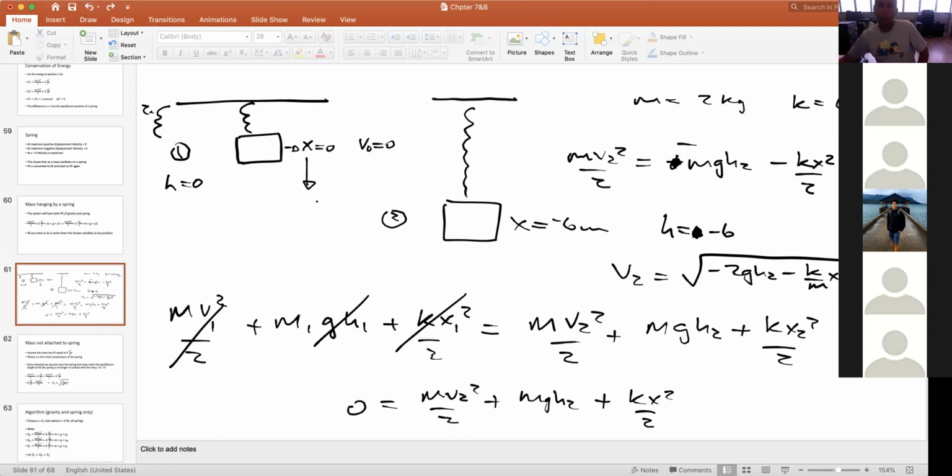It doesn't matter which number we choose, we get a negative sign under the root.